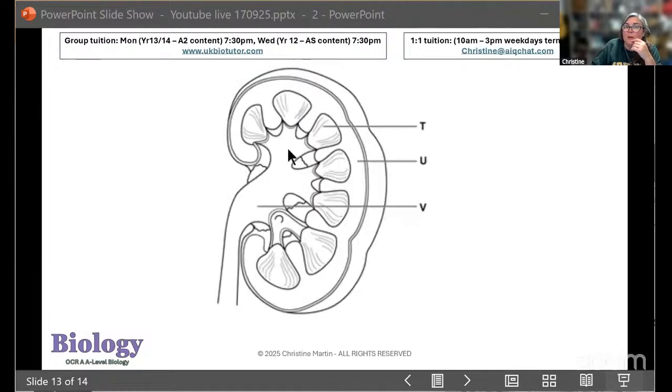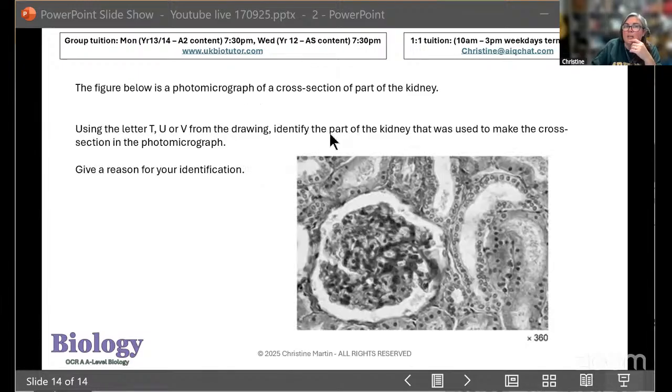So from this one above, you want to use T, U, or V to identify the part of the kidney used to make the cross section in the photomicrograph, and then give a reason for your identification. So what was it about this that actually allowed you to work it out?